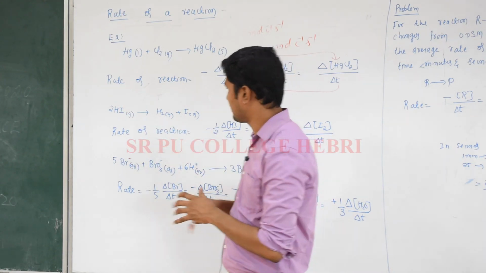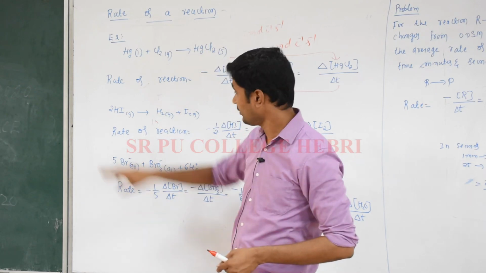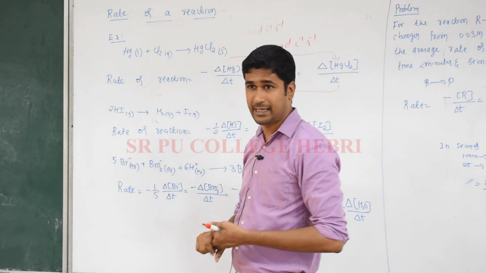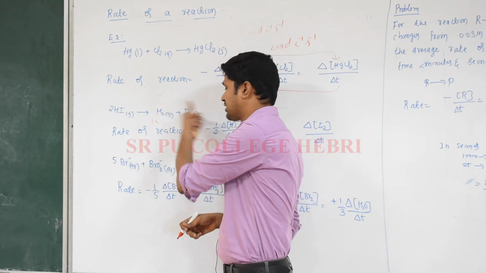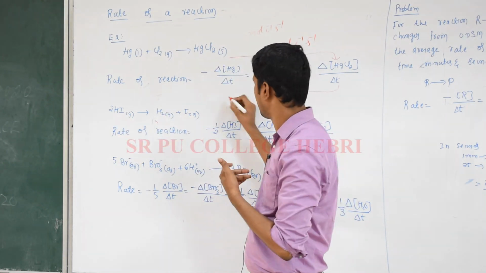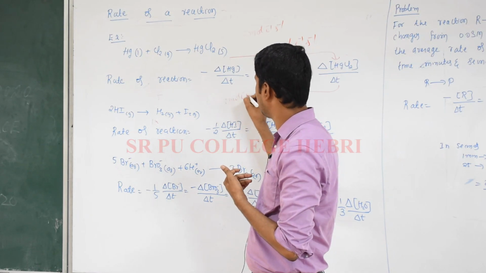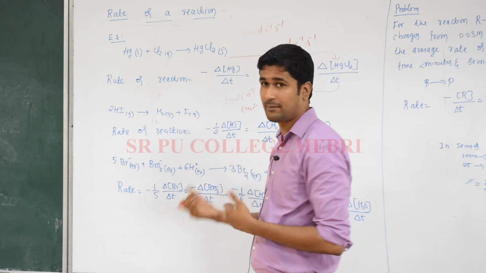On the product side, we have only 1 mole each of H2 and I2. Now the rate of disappearance of HI is twice the rate of formation of H2 and I2. Here 2 moles, so you can write 2 moles per liter per second. Now it becomes 1 mole per liter per second and 1 mole per liter per second.